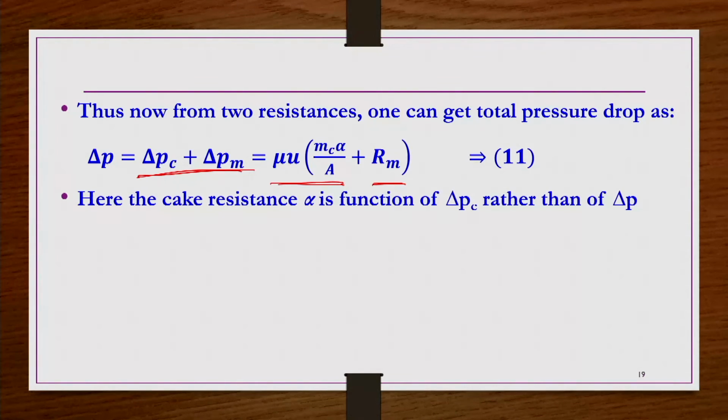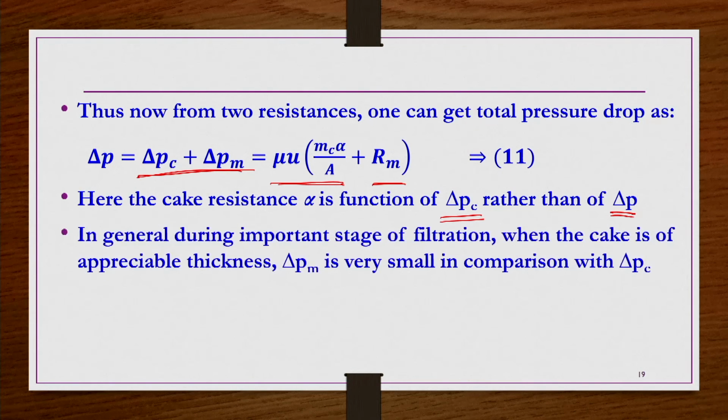you will get the total pressure drop for the system. Here the cake resistance alpha is a function of delta Pc rather than delta P. However, in general, during the important stage of filtration, when the cake is of appreciable thickness, delta Pm is very small in comparison to delta Pc, that we already know. Delta Pm is going to be important only at the early stage of the process, but later on it may not have a very significant magnitude compared to delta Pc.